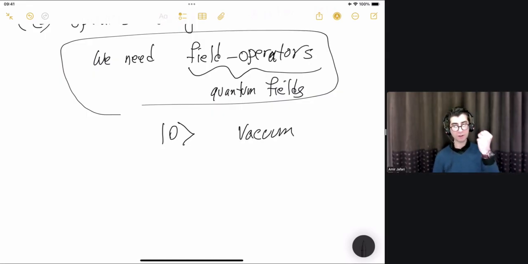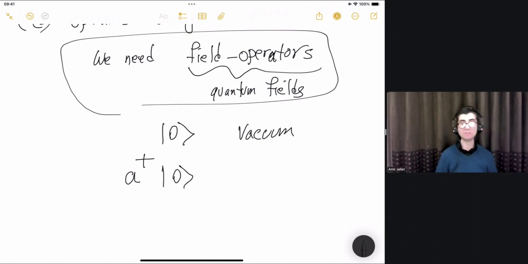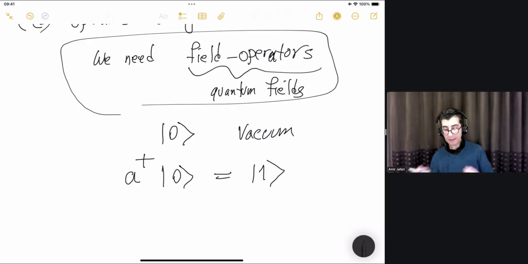Then you need something like this. I need an operator, let's call it A plus, the creation operator, which acts on this vacuum and gives me a one particle state, the quantum state in which there is one particle living, for example, an electron. So this creation operator acted on the vacuum and gave me a one particle state.